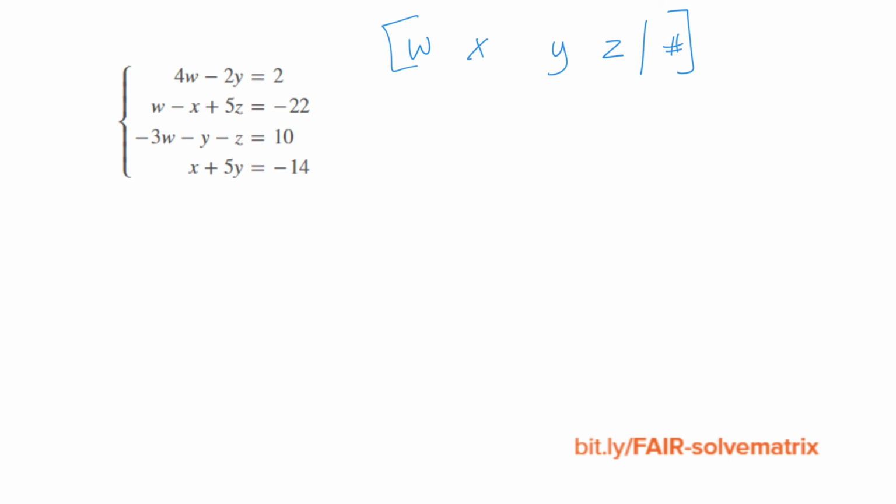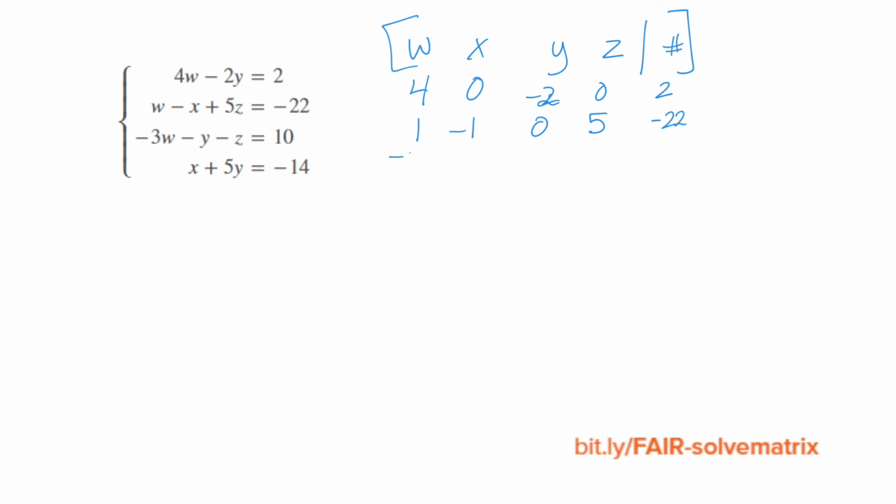So in this particular example, I'm going to put in a 4. There is no x, so it's a 0. And then a -2. That's a 2, not a z. And then there is no z, and then the constant is 2. And I'm just doing that with each one of these. I have a 1, and then a -1. There isn't a y, a 5, and then a -22.